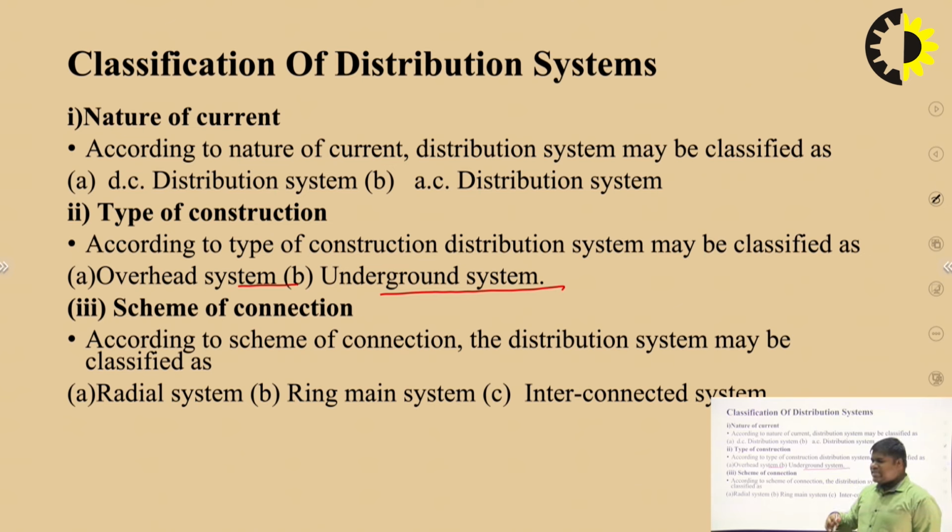When we see the scheme of connection, it is divided into three categories: first one is radial system, second one is ring main system, and the third one is interconnected system. These are the classifications of distribution system.